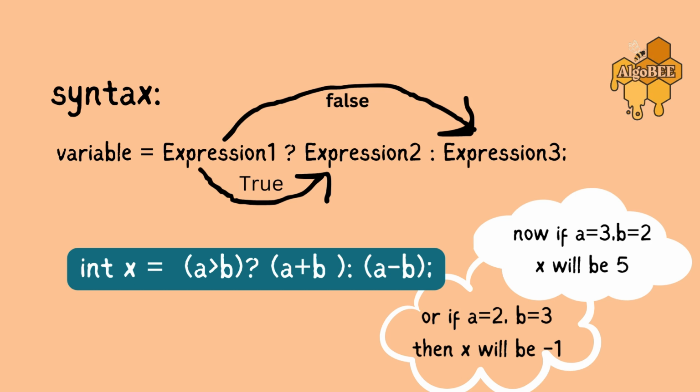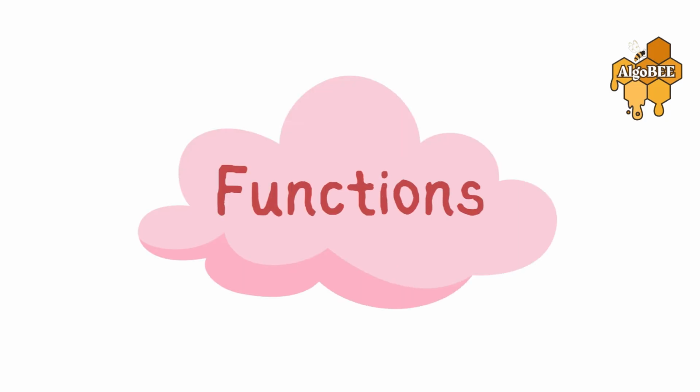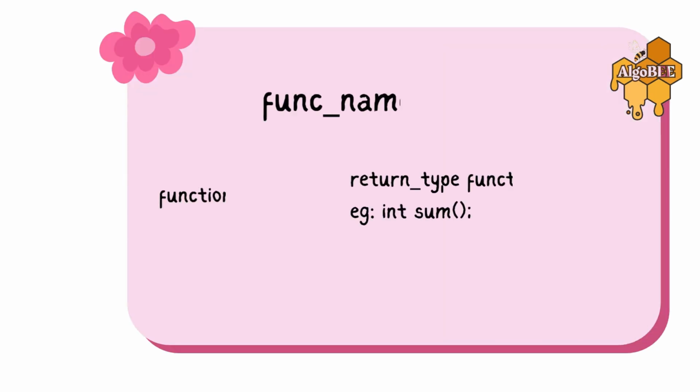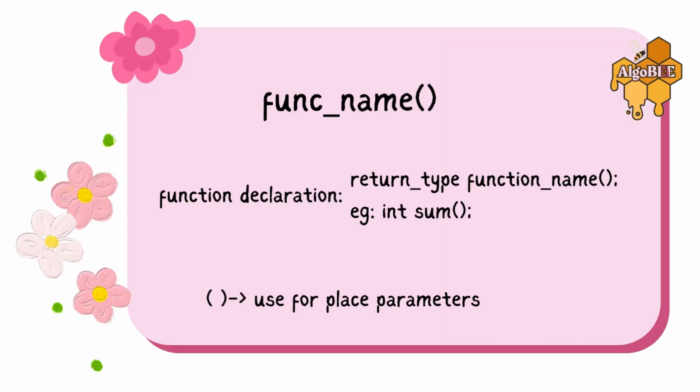Now we move to functions. As I said earlier, when we see something with parentheses, that's a function. Now see, the first part of this function is the return type, then the function name, then the parentheses.